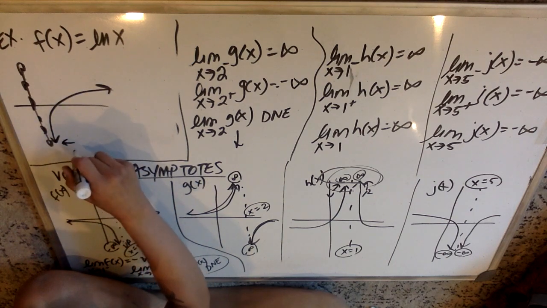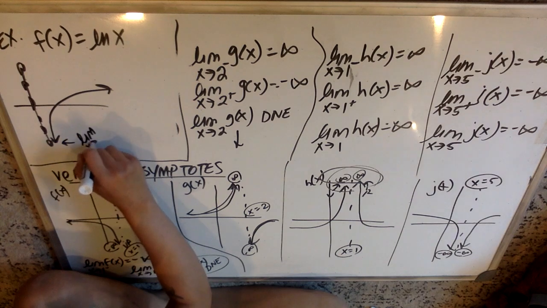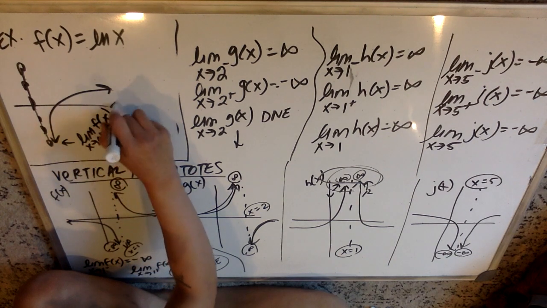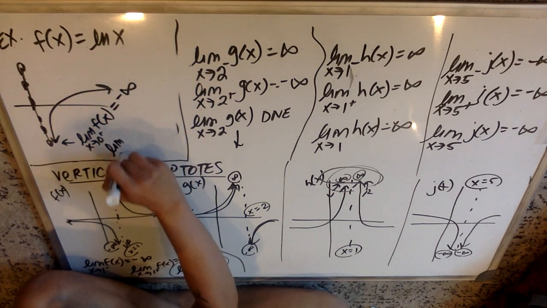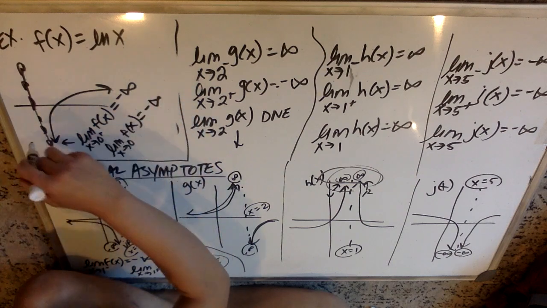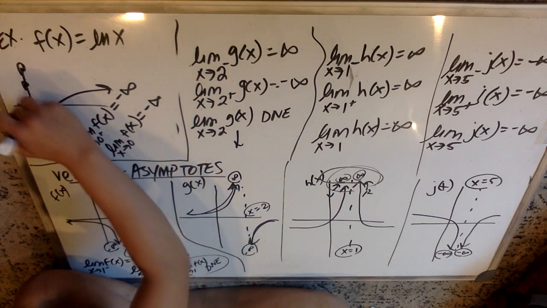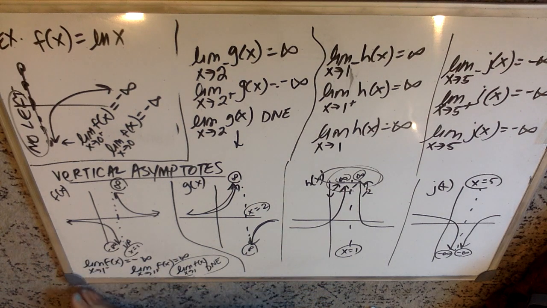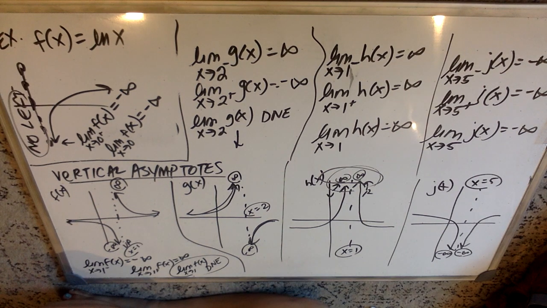So the limit as x approaches 0 from the right of f of x is negative infinity, but that's also the same as the double-sided limit because there is no other side, right? So there is no left limit, and if there's no left limit, then the double-sided limit's just the same as the right limit. That only happens with a handful of functions. I just wanted to show you that that's a thing, that there is no left limit in that case, so the right-sided limit is the same as the double-sided limit.